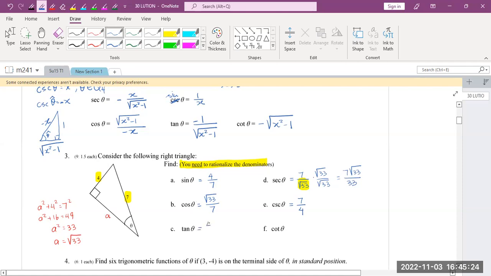Tangent theta is opposite of theta over adjacent of theta. And rationalize the denominator again. We get 4 radical 33 over 33. Now, cotangent theta is the reciprocal of tangent theta. That's radical 33 over 4, and that's it.